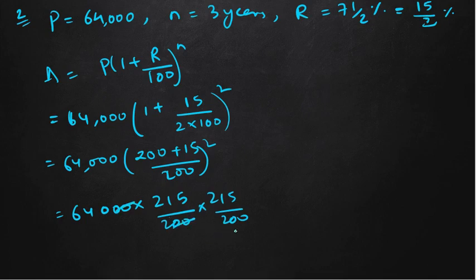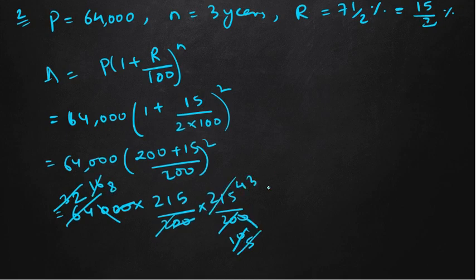The 0 and this 0 cancel out. Then 2 1s are 2, 2 3s are 6, 2 2s are 4, again 2 tens are 20, then 2 1s are 2, 2 8s are 16, and 5 2s are 10. If we cancel out by 5, 5 4s are 20, 5 3s are 15. Now we need to multiply which three numbers?